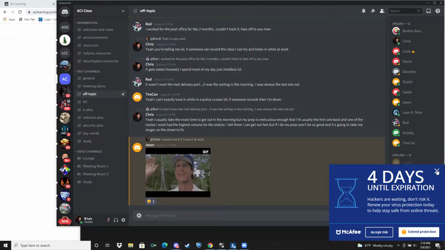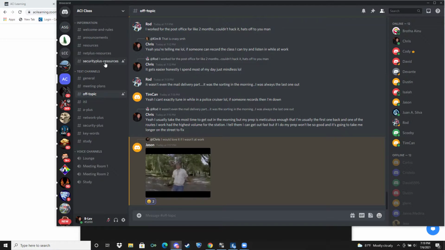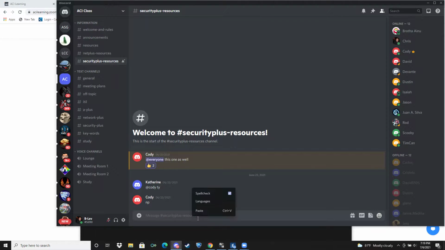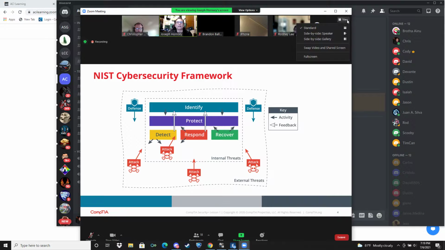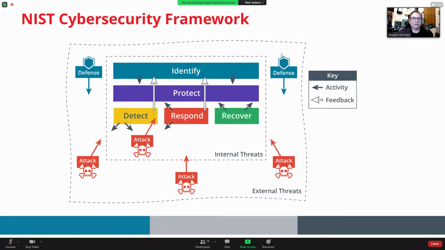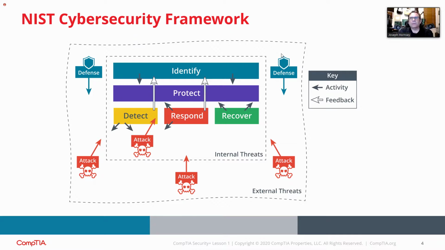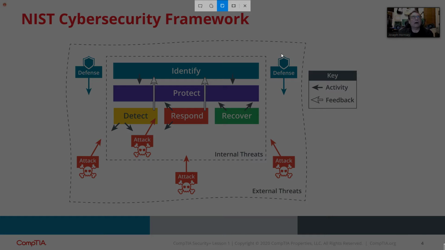But if you're ever tasked with coming up with a security strategy for a company, for a network, it's always useful to have some sort of checklist or guideline, a place to start. And this is where different frameworks come into play. Now, we're going to talk about frameworks in a couple of different contexts in this course.